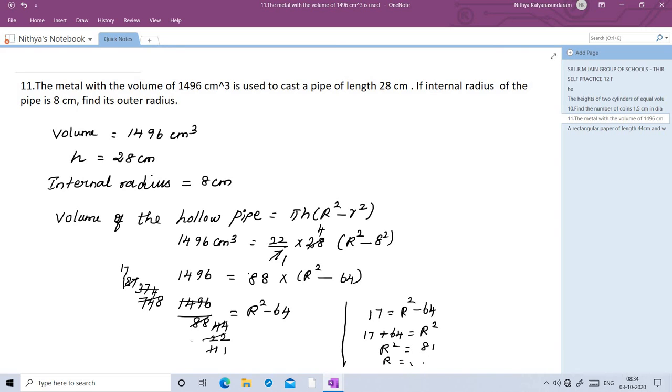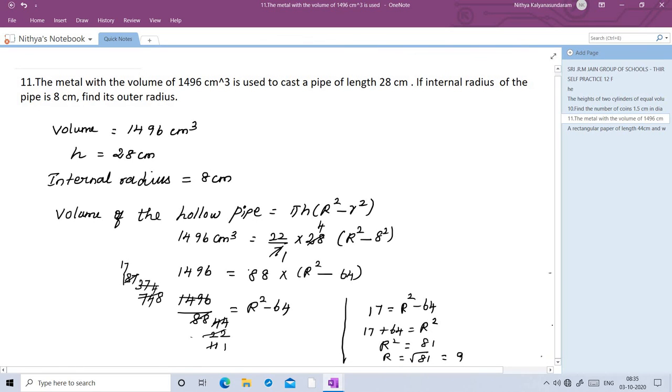So R is equal to the square root of 81, which is 9. So the outer radius is 9 centimeter. Therefore R is equal to 9 centimeter.